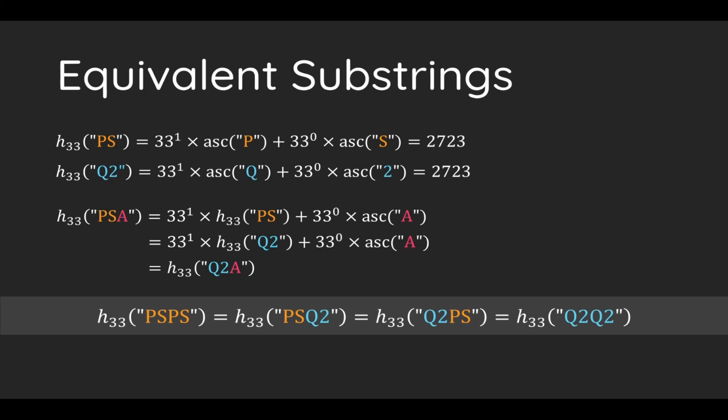By knowing this feature, it's not difficult to understand that two equivalent substrings can be combined to form different keys, such as PSPS, PSQ2, Q2PS, and Q2Q2. They all share the same hash.